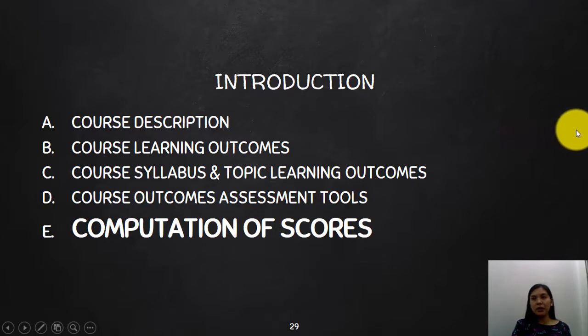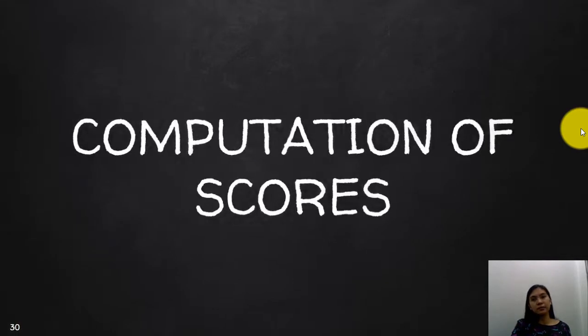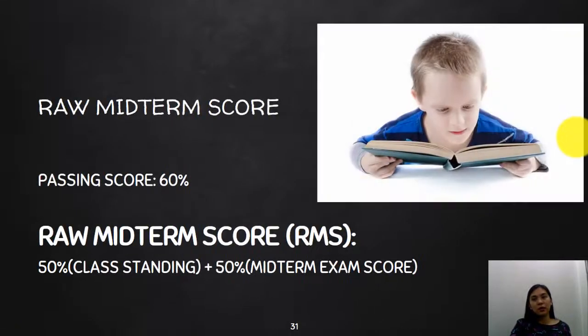So the next one, or the last one, is the computation of your scores or your grades. I believe you are already familiar with this, but of course, let me just tell it to you again. So let's just recall. Your raw midterm score will consist of 50% of your class standing plus 50% of your exam score.